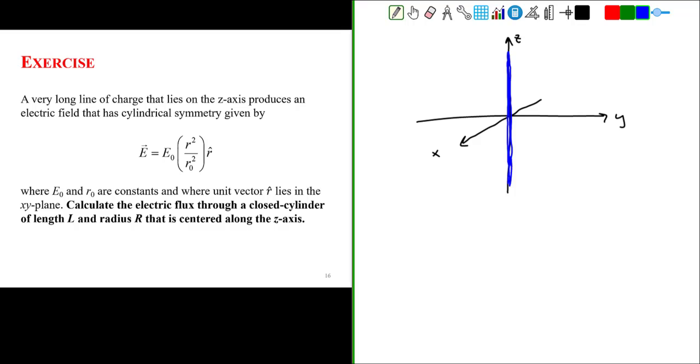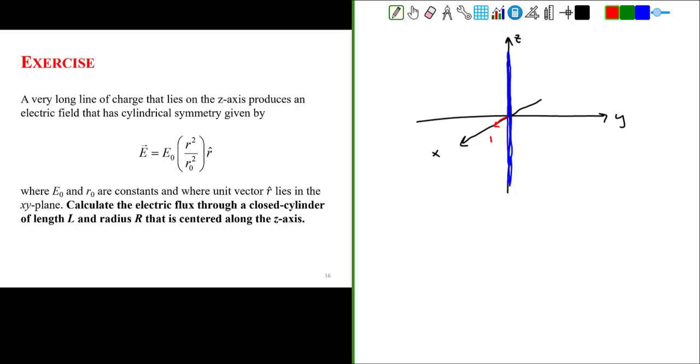Well, being on the z-axis and being a very long line of charge, we know that the electric field will be cylindrically symmetric. And they give us that clue by, one, saying the electric field has cylindrical symmetry, and two, saying that the unit vector r hat lies in the xy plane. So in other words, r hat could have any orientation as long as it's in the xy plane. For example, I'll just draw r hat along the x-axis.